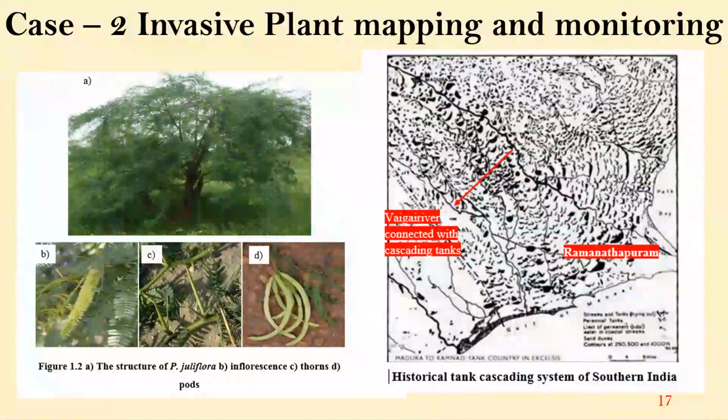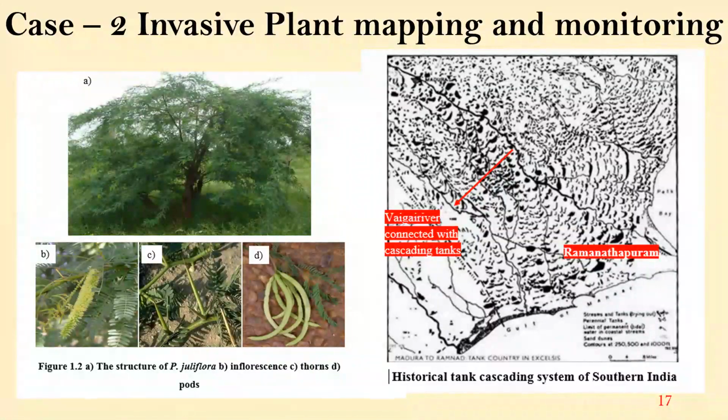In case 2, this study was conducted in Ramanathapuram district of Tamil Nadu, mapping the invasive plant species Prosopis juliflora. Prosopis juliflora was introduced in this region in 1963 to 64 as a farm forestry program.